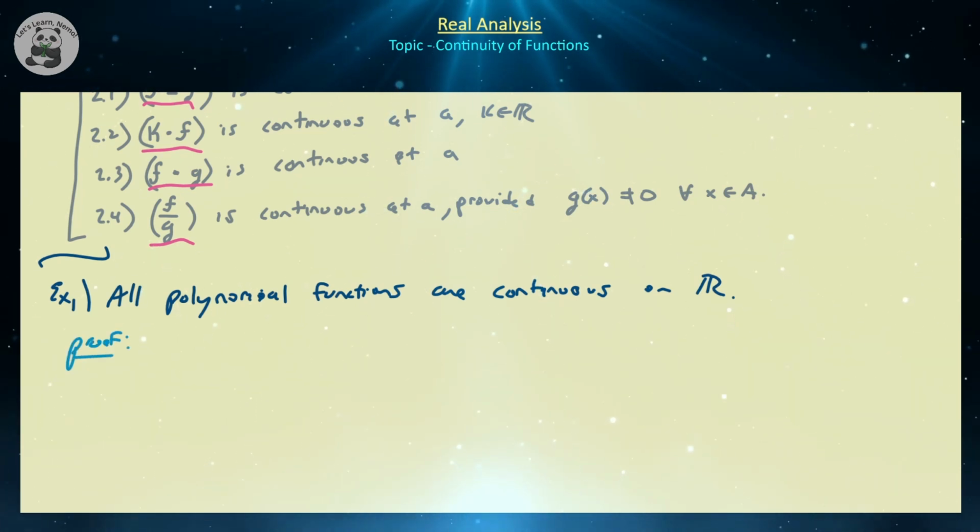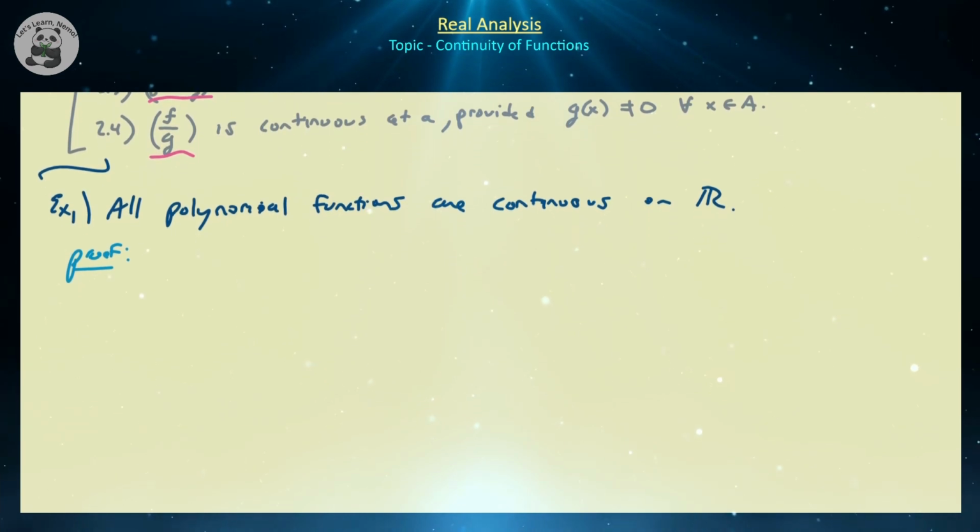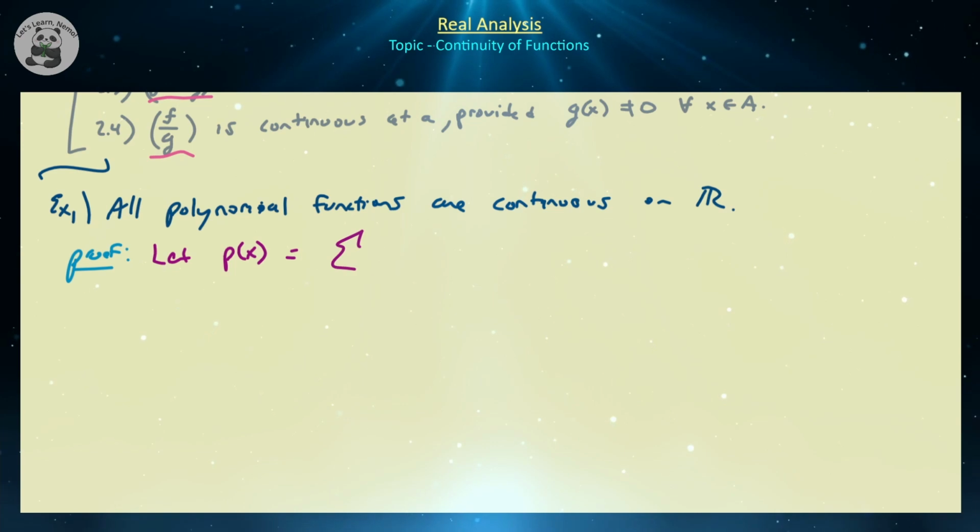So how can you prove that the set of polynomial functions, every single one of them, are continuous at every single real number? So what we're going to do is choose an arbitrary polynomial p, and let's suppose that p is expressible in the form the sum from k equals 0 to m of a_k x to the power of k.